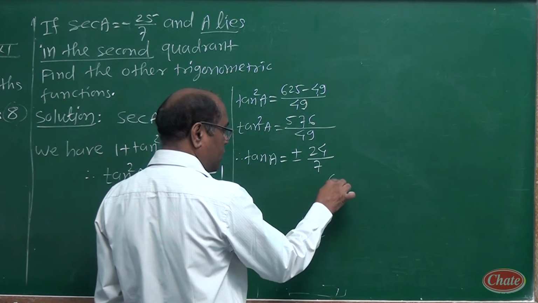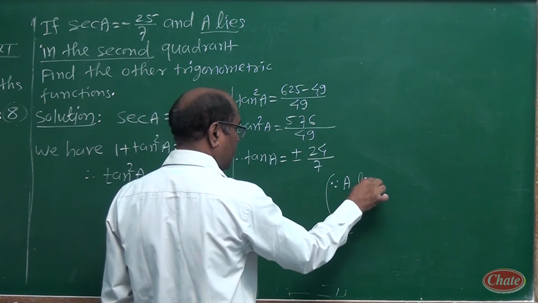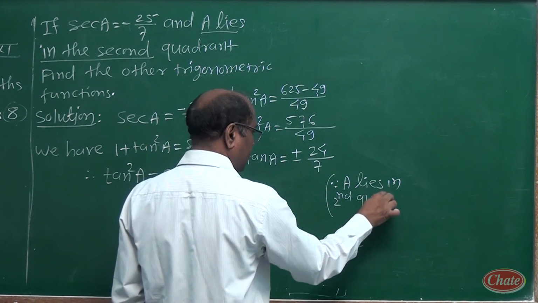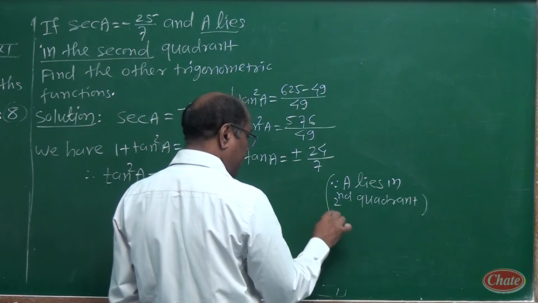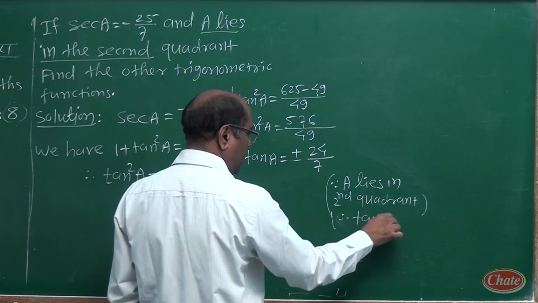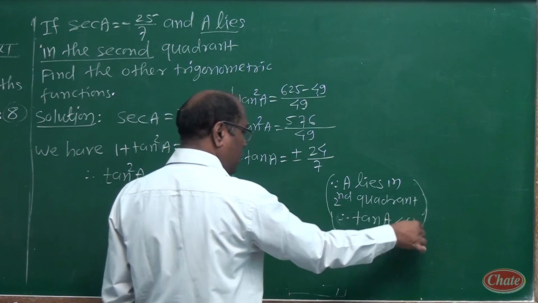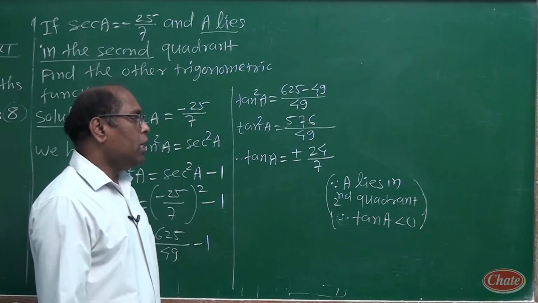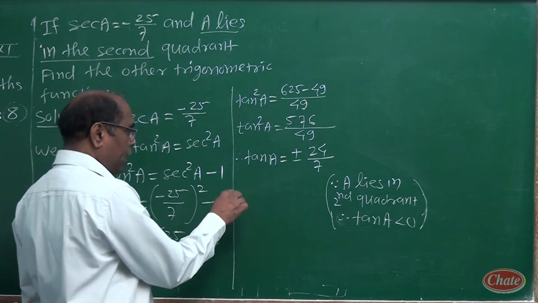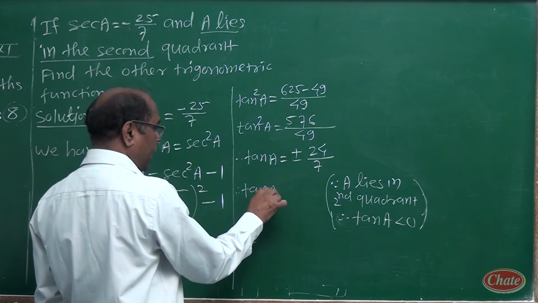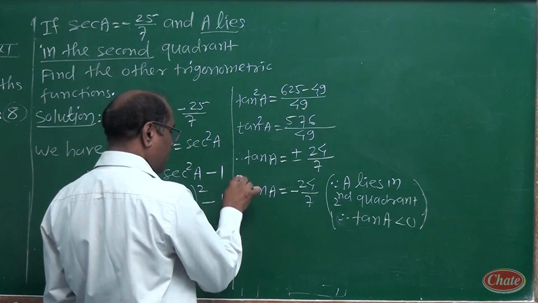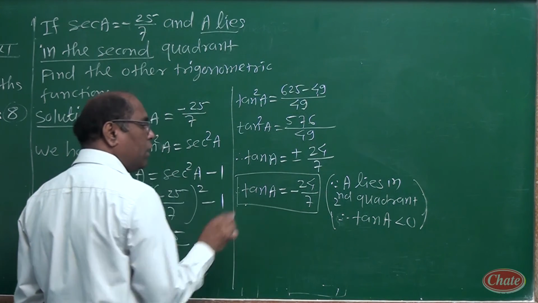In the second quadrant only sine and cosec are positive, all others are negative, and therefore tan A is equal to minus 24 by 7. It is the value of tan A.